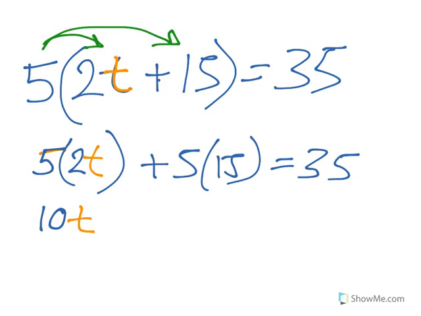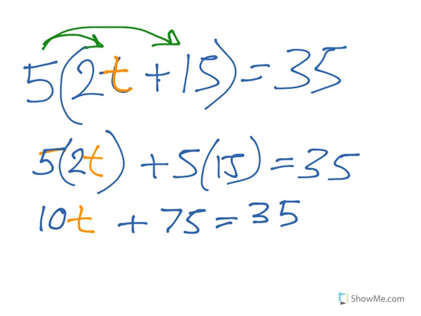Now, Eva, what's 5 times 15? 75. Correct. Now, can you read this out loud? 10t plus 75 equals 35.